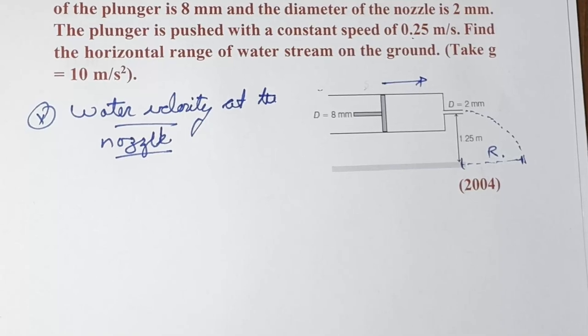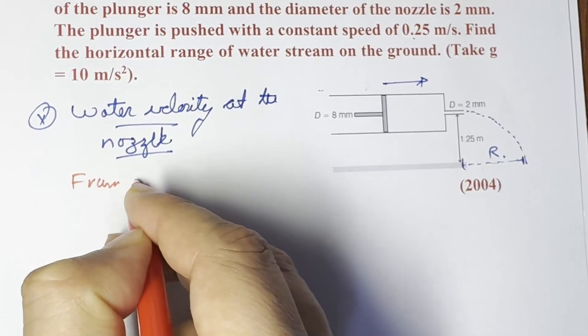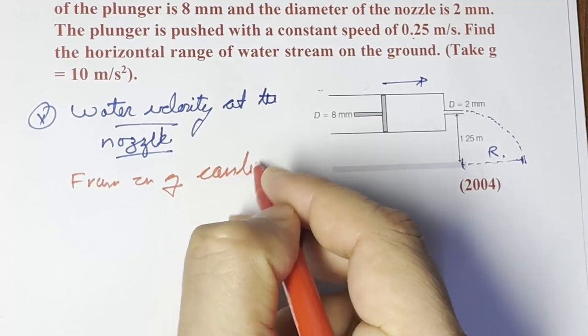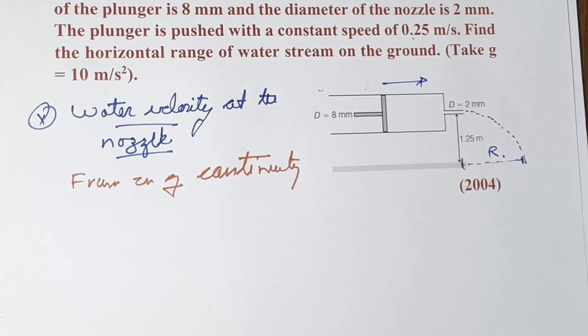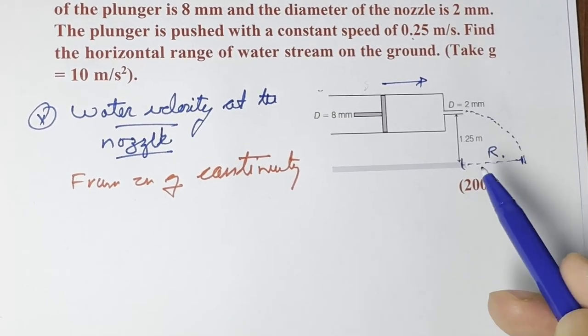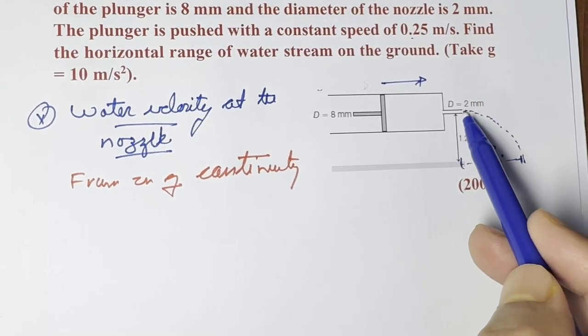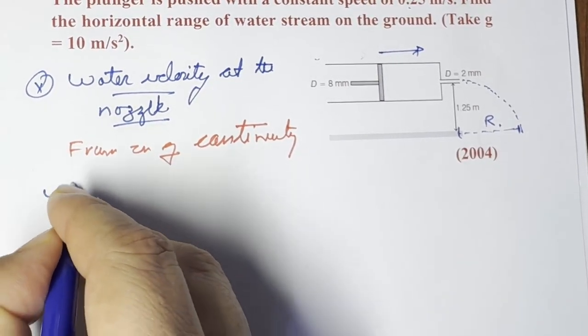So we are going to use the equation of continuity. From the equation of continuity, the volume flow rate from the plunger will be equal to the volume flow rate through the nozzle.